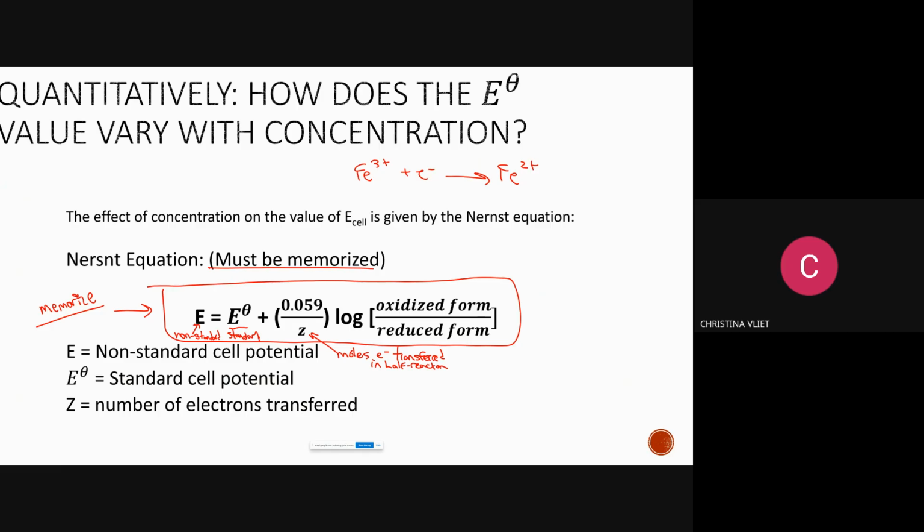If I have concentrations of Fe3 plus aqueous and Fe2 plus aqueous, which one is my oxidized form? This is the oxidized form. The oxidized form is the one that has the more positive charge, right? And the reduced form of whatever ion you're looking for is the one that has the less positive charge.